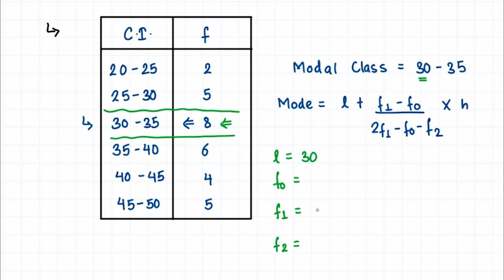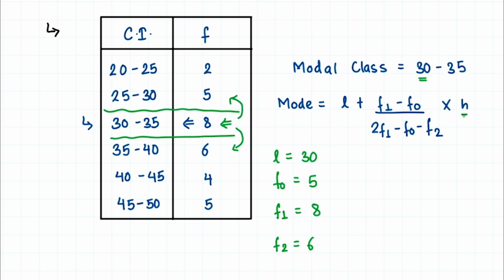So the frequency of our modal class, which is 8. Our F0 is the frequency of the class just above the modal class, which is 5. And then our F2 is the frequency of the class just below the modal class, okay, which is 6, okay?